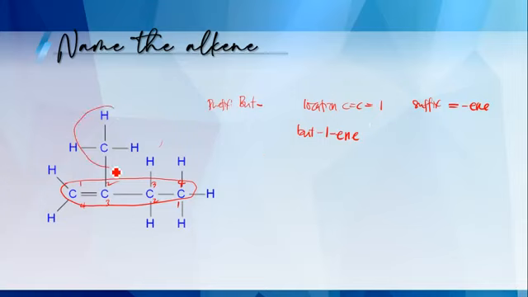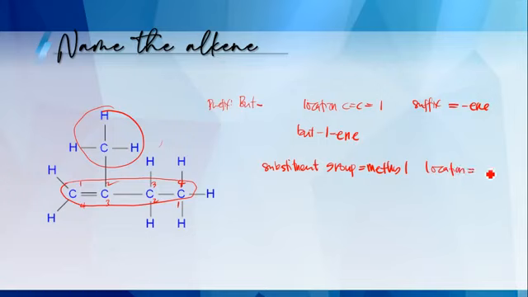Then identify your attached substituent group, which is located at carbon number 2. The substituent group is methyl. Location is carbon number 2. So the name is 2-methyl-but-1-yne.